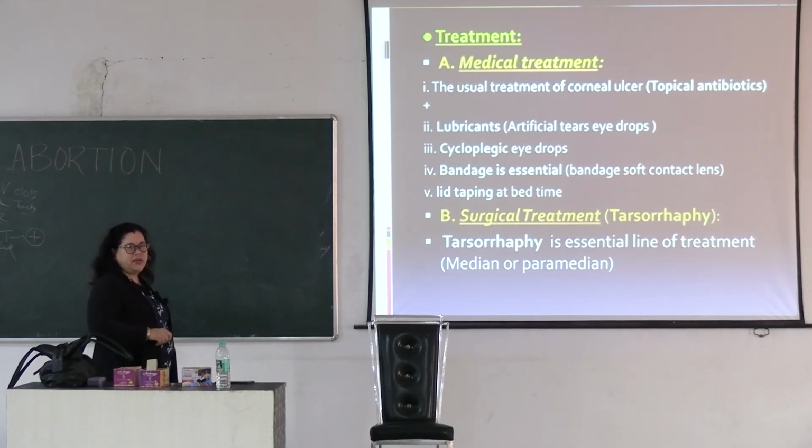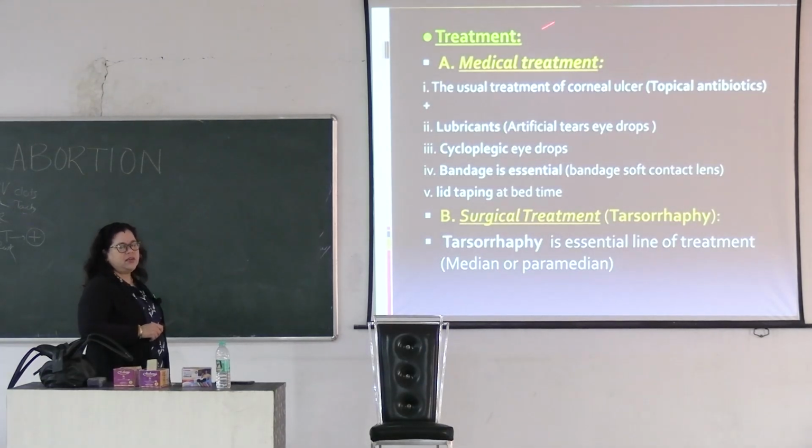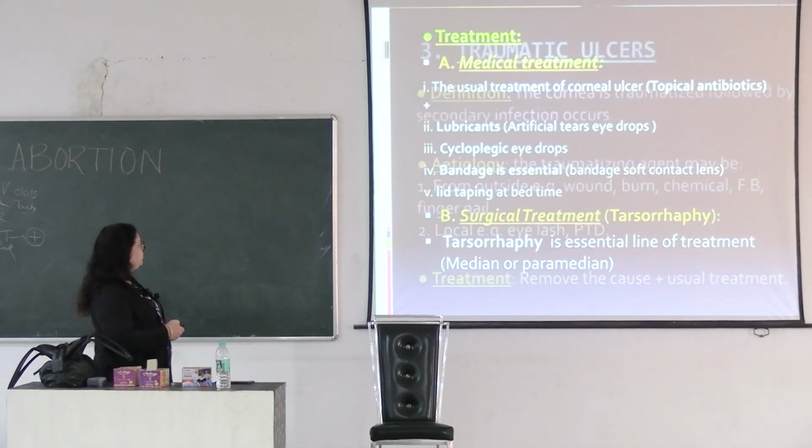Tarsorrhaphy is given to increase the healing process of the corneal ulcer, and there are types of tarsorrhaphy: lateral tarsorrhaphy, median tarsorrhaphy and paramedian tarsorrhaphy. So, in neurotrophic keratitis, which occurs due to neural involvement where the patient has no sensation, to increase the healing of the corneal ulcer we apply median or paramedian tarsorrhaphy.